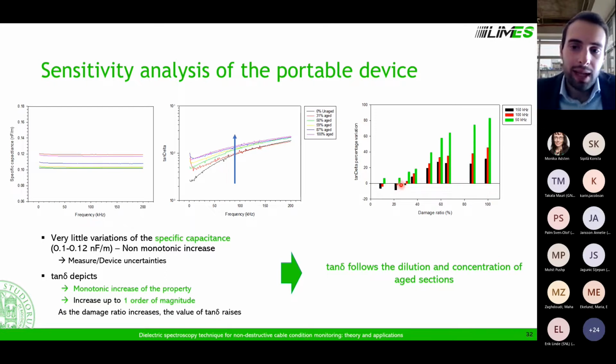In particular, at very low damage ratios, only 50 kHz is suitable for the evaluation of aging, but the variations are very low and can be related to the measurement setup. So it is preferred to consider bigger variations, so values higher than 30%.